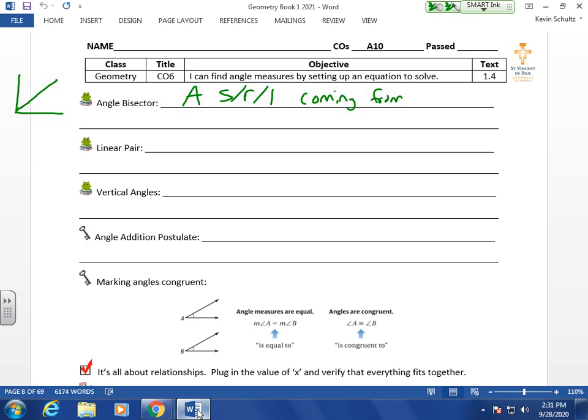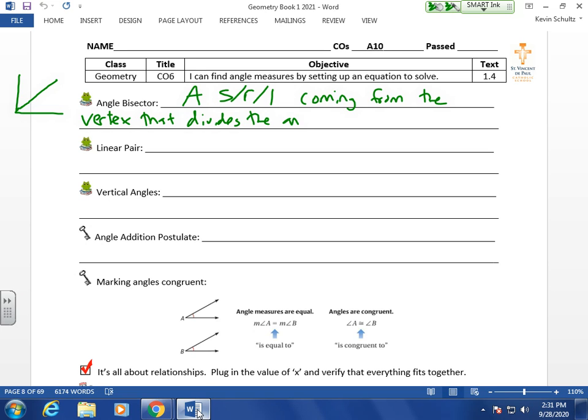coming from the vertex that divides the angle into two congruent parts. It could be a segment, could be a ray, could be a line, but rather than writing all the words out, SRL.